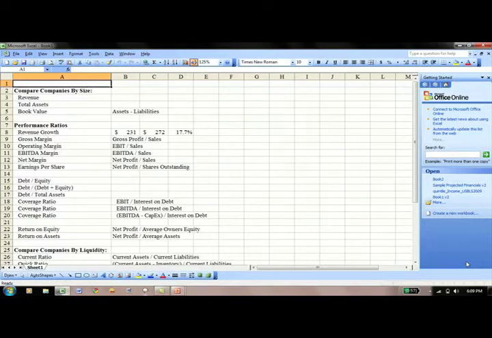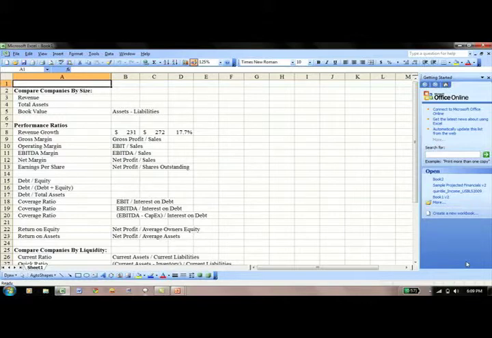Now, operationally, there are a few performance ratios. The very first, if you think about the income statement, is revenue. If you have two companies that are neck and neck on revenue in terms of the dollar amount, one company might say that my revenue growth over the past 3 years, or the past 1 year, or the past 4 quarters was higher than your revenue growth.